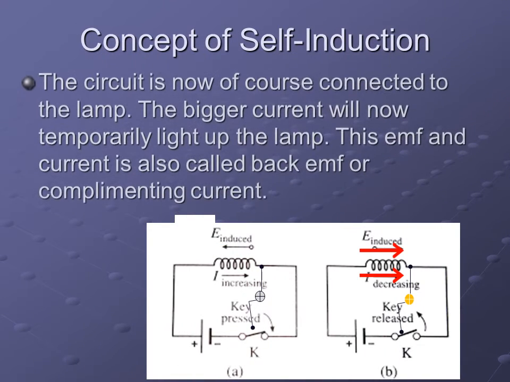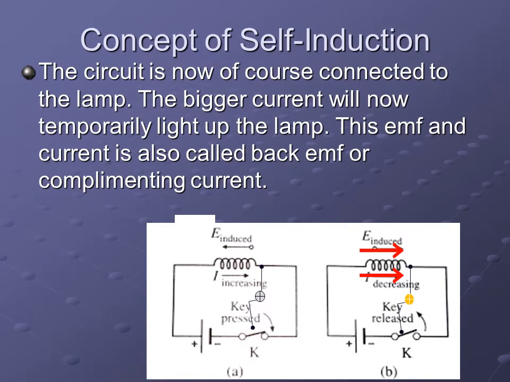If the positive sign is now a lamp, then the circuit is now of course connected to that lamp. The bigger current will now temporarily light up the lamp. This EMF and current is also called back EMF or complementing current.